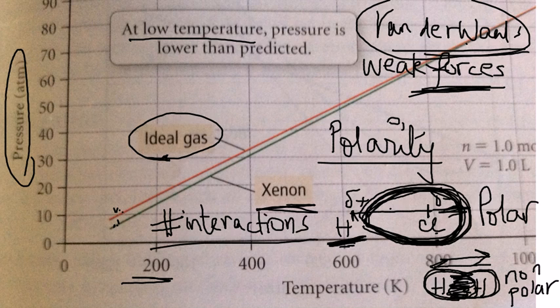Don't you think if the number of interactions is going to be higher, that would mean that the deviation from ideal gas behavior is also going to be higher? Which means that if you have something like water, H2O, this is a polar molecule because there is a difference in electronegativity between oxygen and hydrogen.